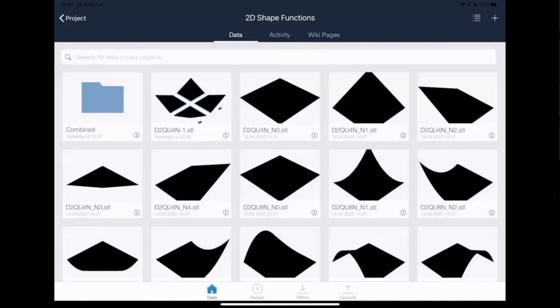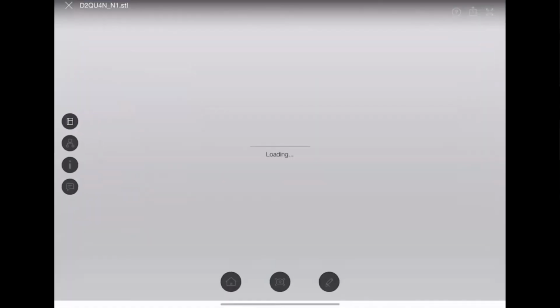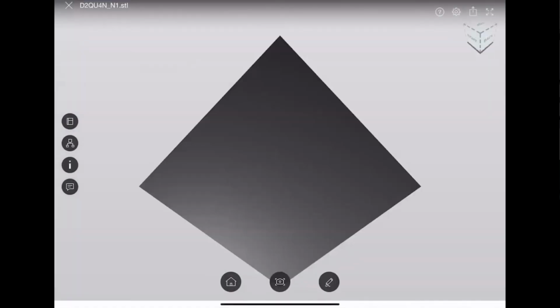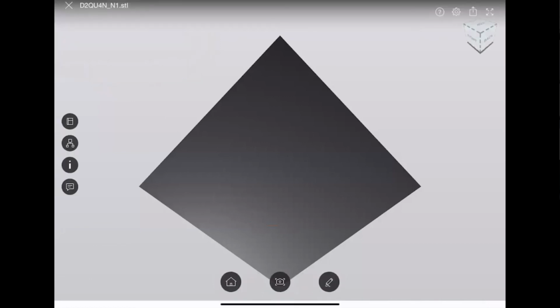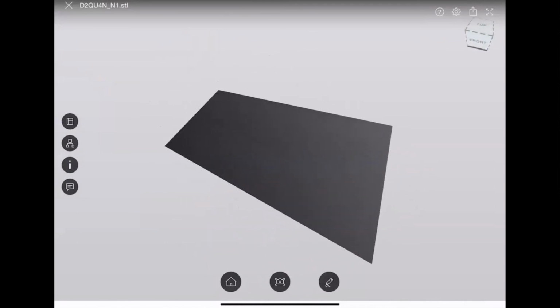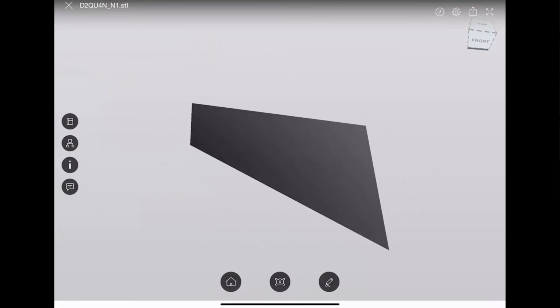Now, if you have, for instance, a 4-noded element, so this is your D2QU4N. Okay, so this is D2QU4N. And this would be node 1 of that. So if you look at that, again, maybe you should think of it like this.